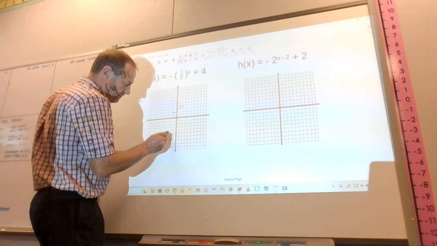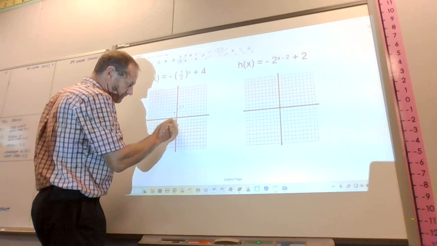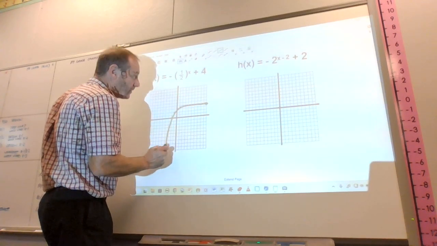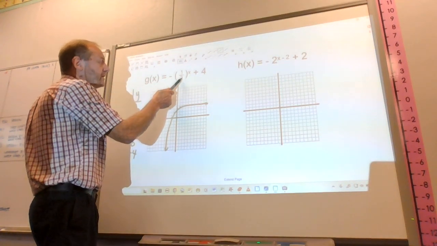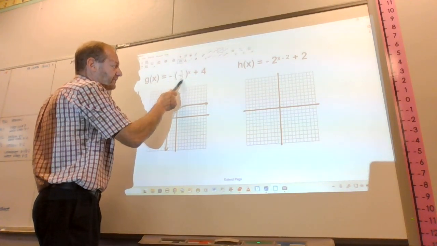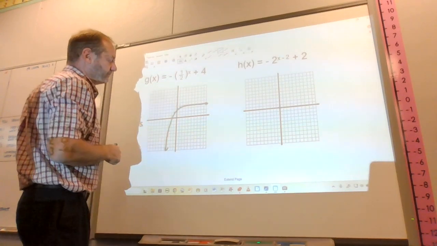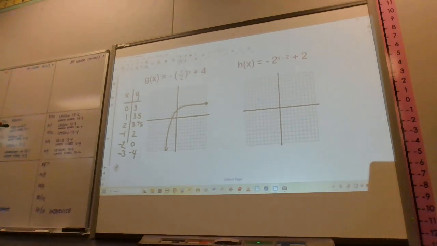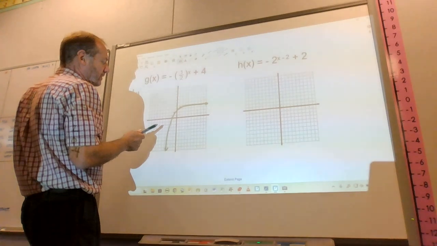1, 2, 3, 4. So what happened to this thing? Well, if I use transformations, it looks just like those other ones here, except it got moved up 4, and then it got flipped over. Okay. What did I do to my graph?